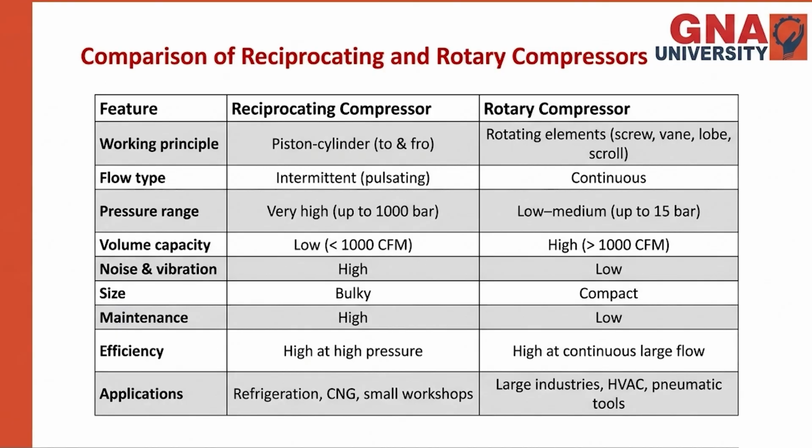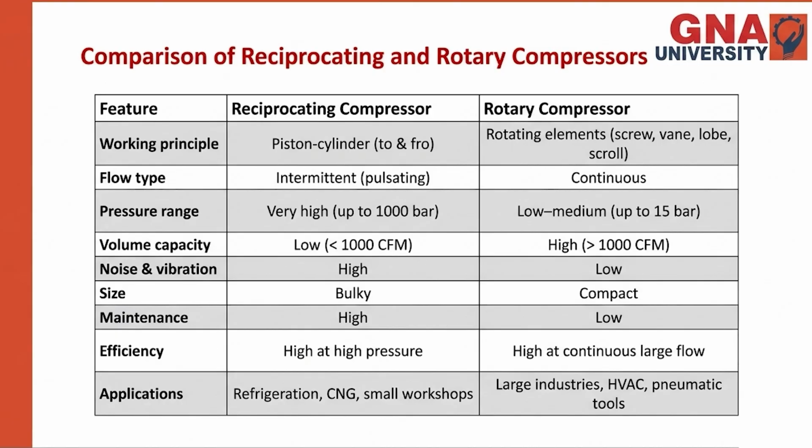Next is the volume capacity. In case of the reciprocating, the volume is very low. It is less than 1000 CFM. CFM stands for cubic foot per minute. Okay. In case of the rotary compressors, the capacity is high, that is more than 1000 cubic foot per minute.